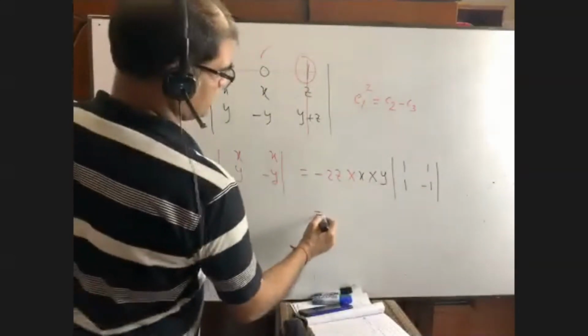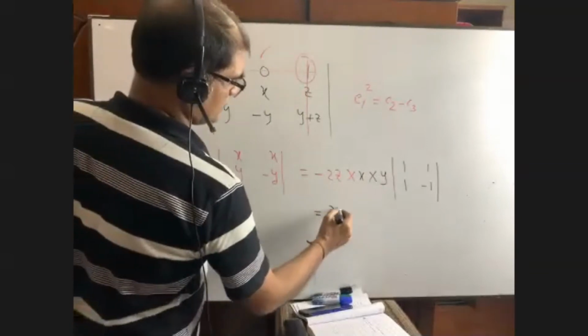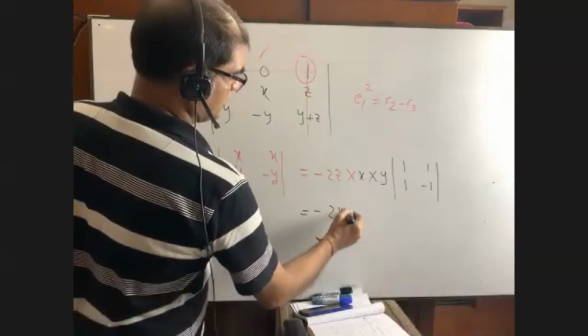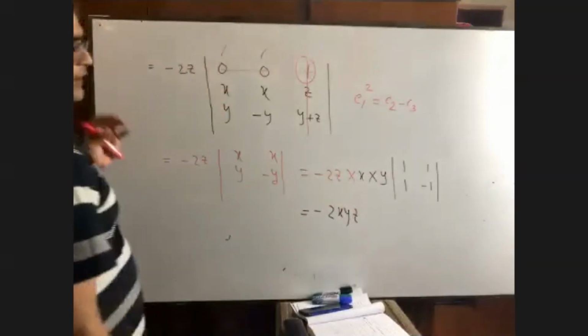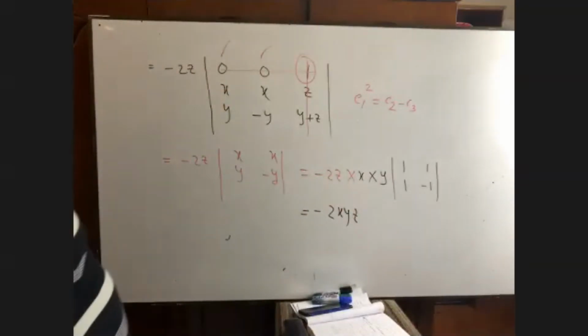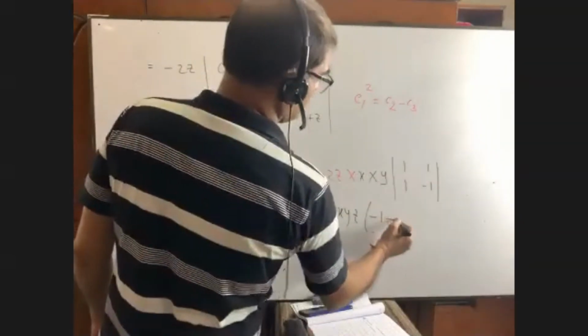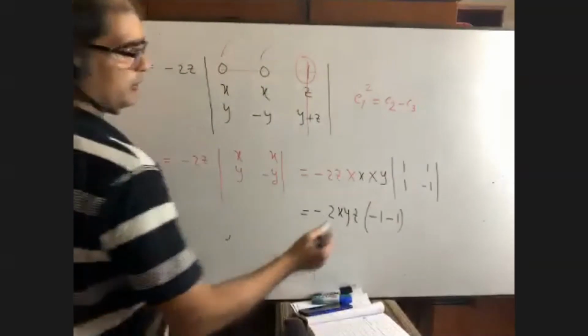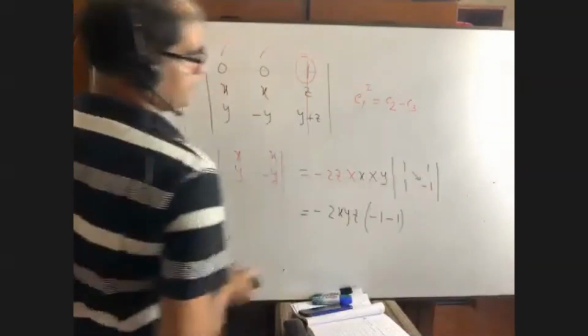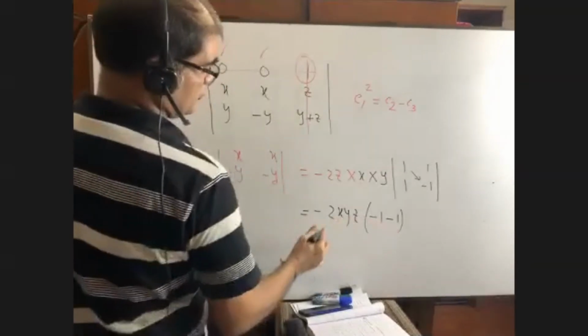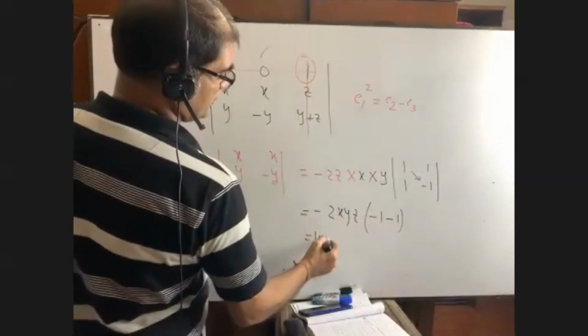It is minus 2xyz. And here we are getting minus 1 minus 1. We have to multiply this, minus 1 into minus 1. So this is minus 2 minus 2. This is also 4xyz.